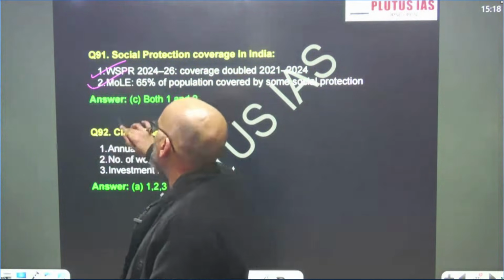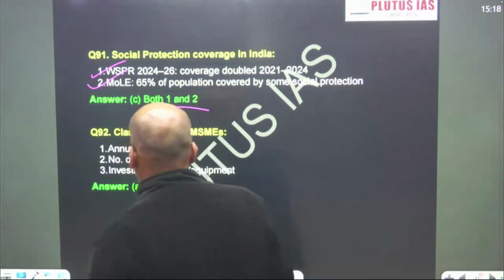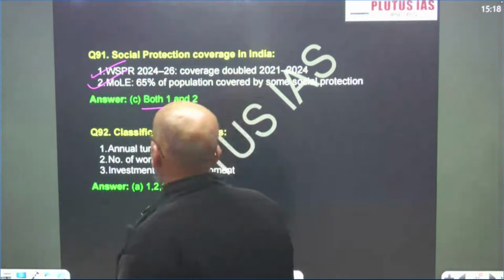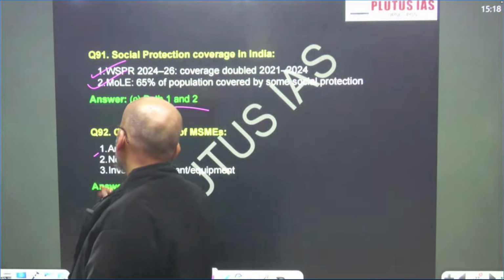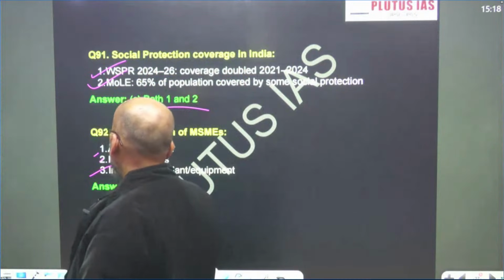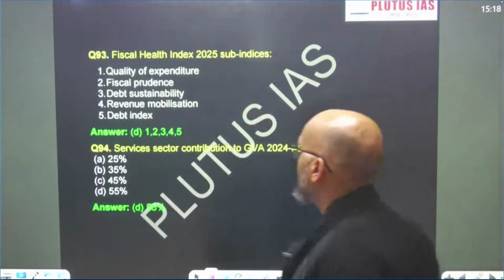This is also correct. So option C, which is both 1 and 2, is correct. Then classification of MSMEs: annual turnover, number of workers, investment in plant and equipment. All three are used. So option A is correct, that is 1, 2, and 3.